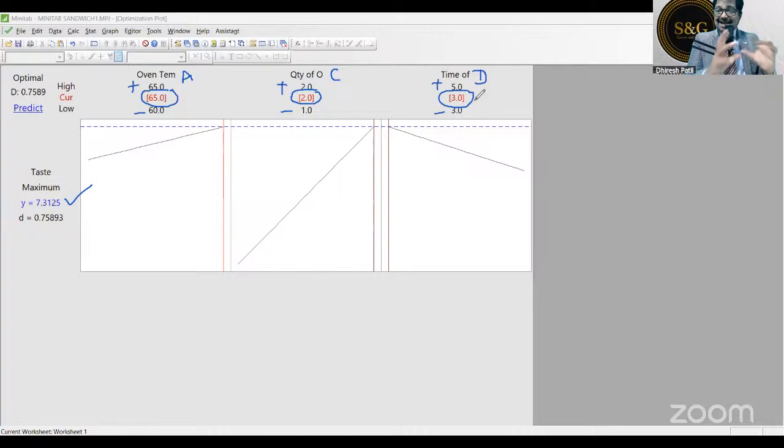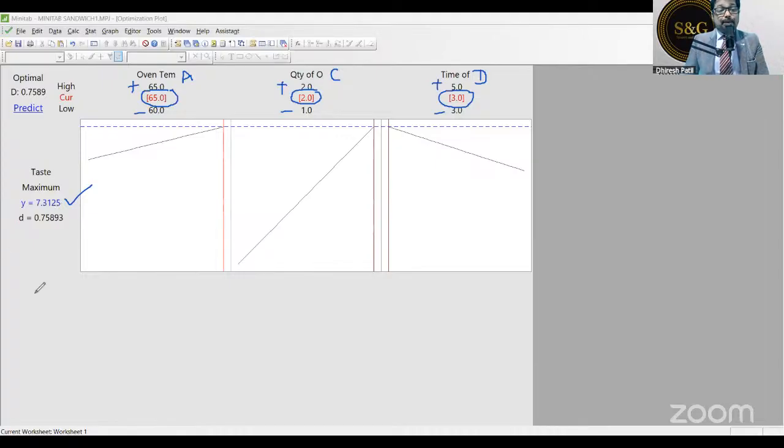If you do these settings, keeping all the other factors constant, you will get a sandwich test of about 7.3 out of 10. This is the highest. This is the optimized. That's why it's called the optimizer. It is giving us the optimized result.